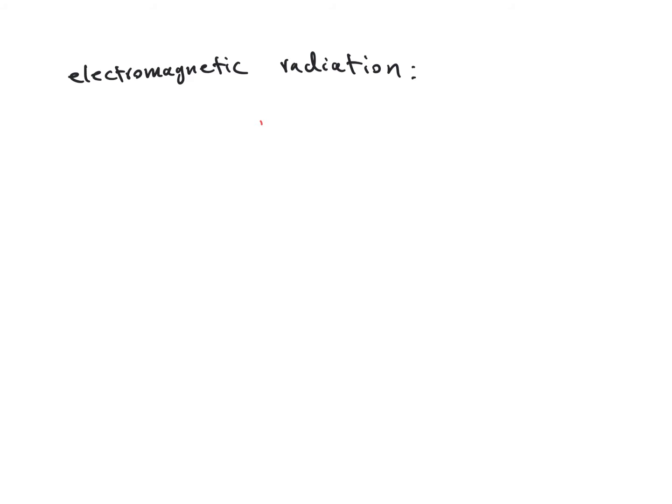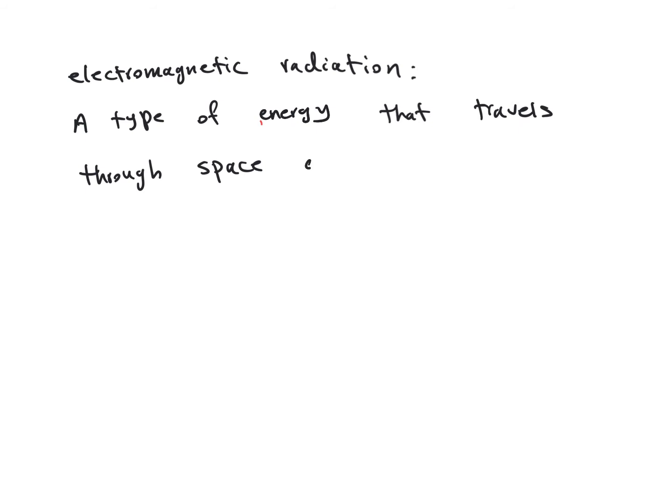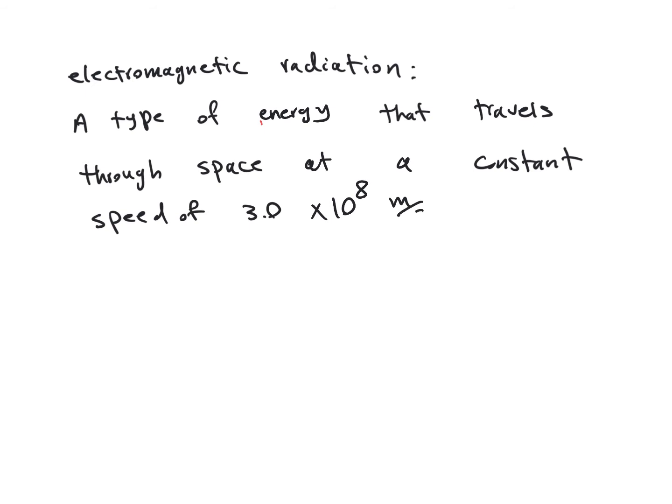Yes. Light is a form of electromagnetic radiation. In general, electromagnetic radiation is a type of energy that travels through space at a constant speed of 3 multiplied by 10 to the power of 8 meters per second.